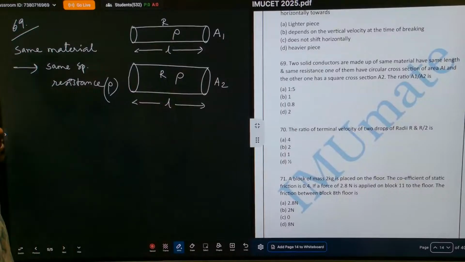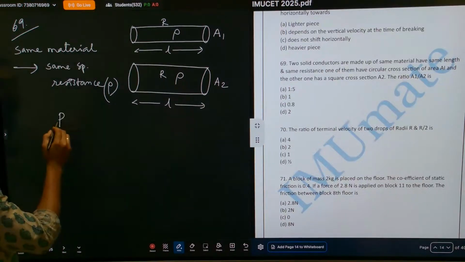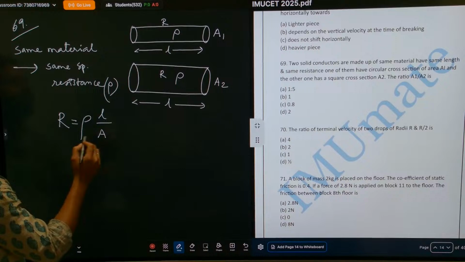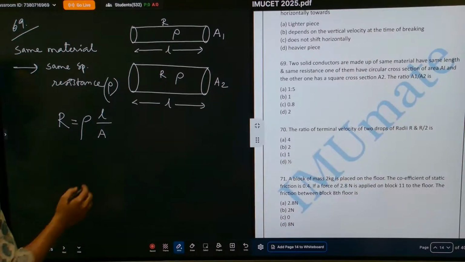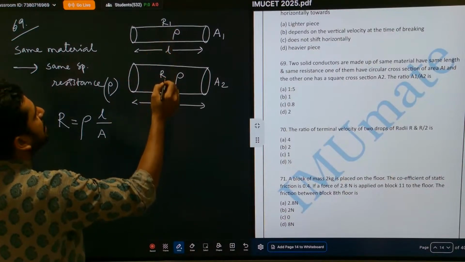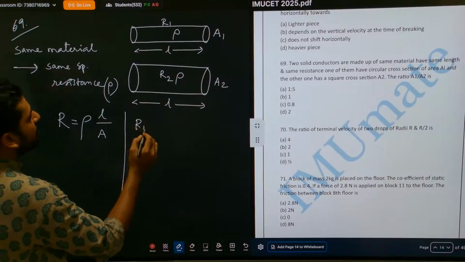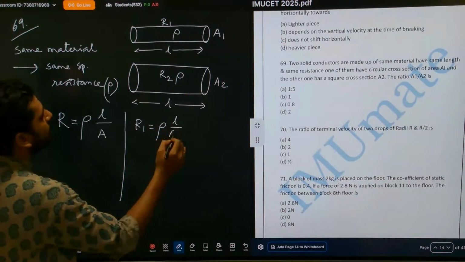So they have asked for the ratio of A1 and A2. What was the formula? R equals rho times L by A. Now let's say this was resistance R1, this is R2, just for the time being. So what is R1? Rho into L by A1.